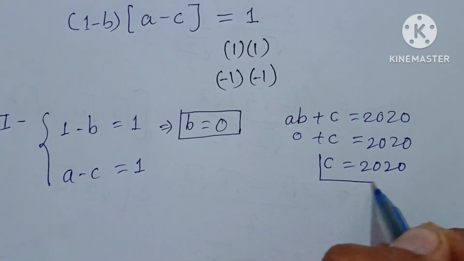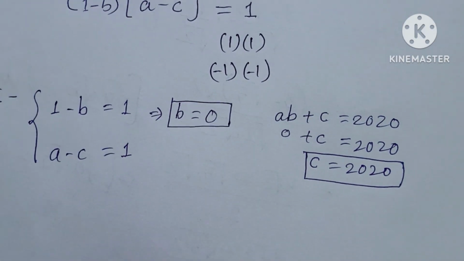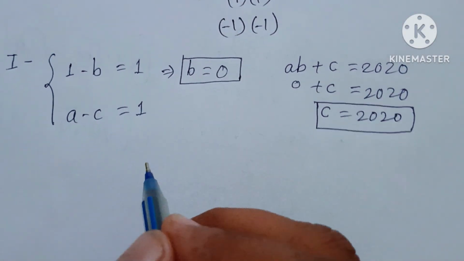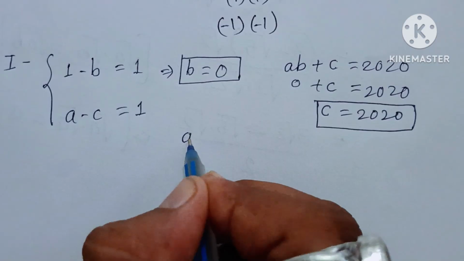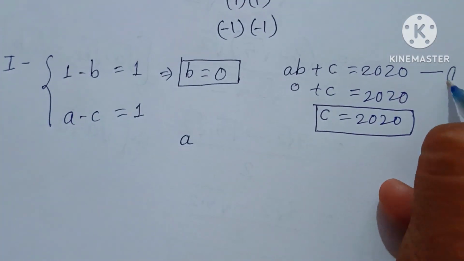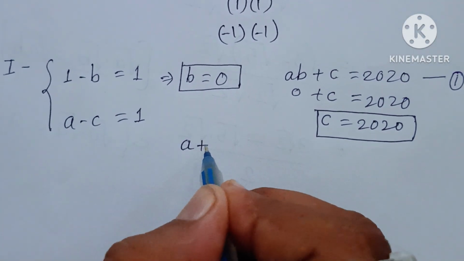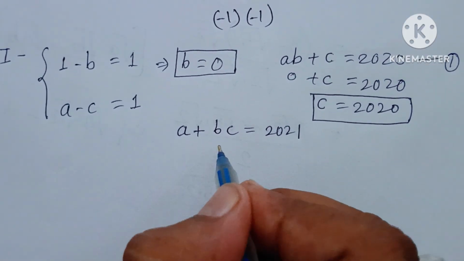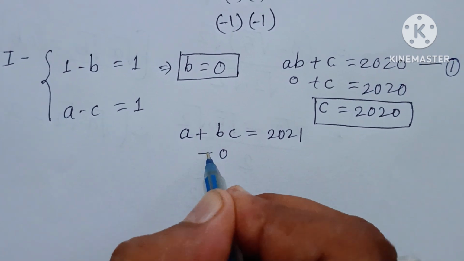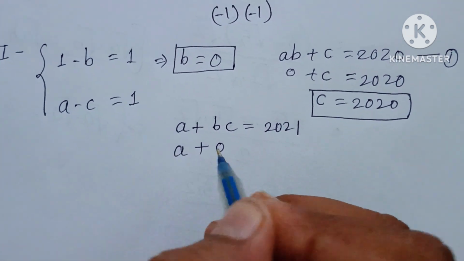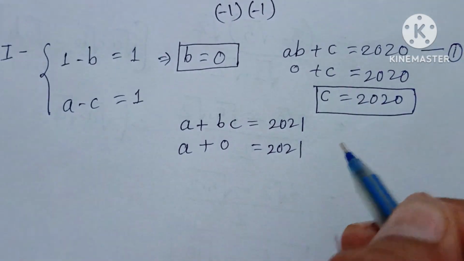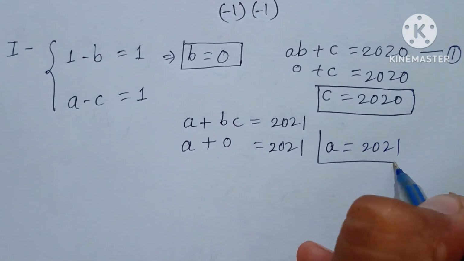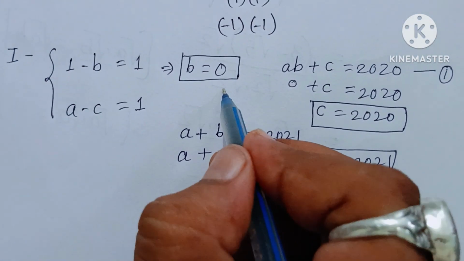Now then we have to put the value of B is equal to 0 in equation second. This is equation 1. This is equation second, A plus BC equal to 2021. If we put here B is equal to 0, so this whole term becomes 0. Here A plus 0 is equal to 2021. So A is equal to 2021.